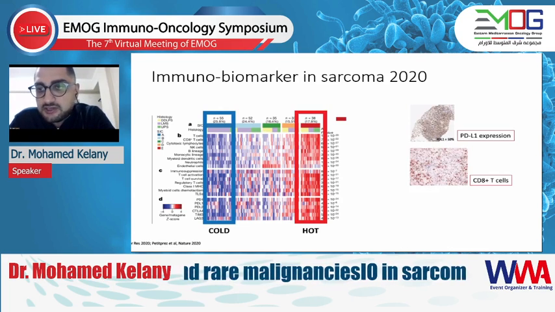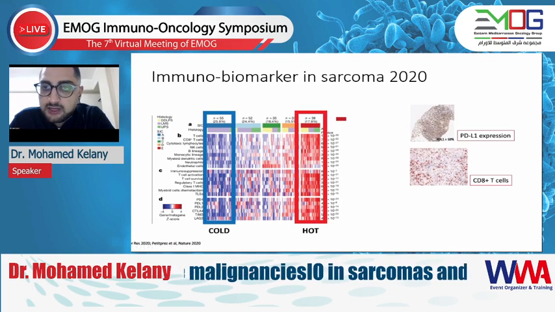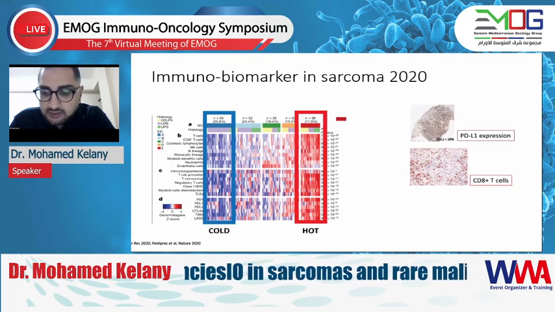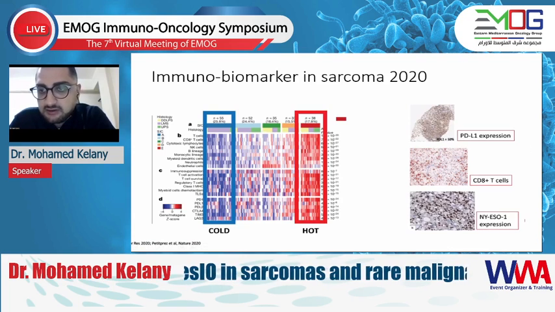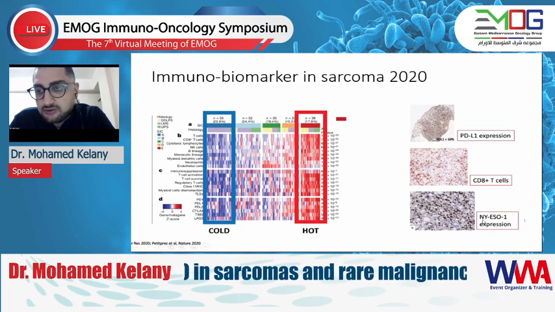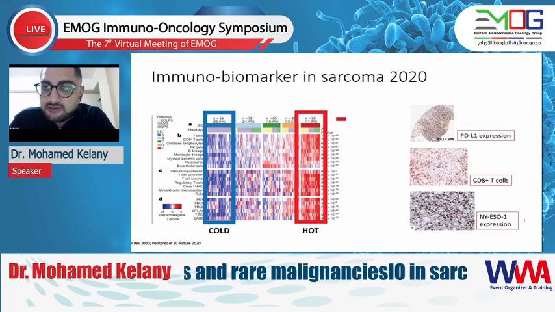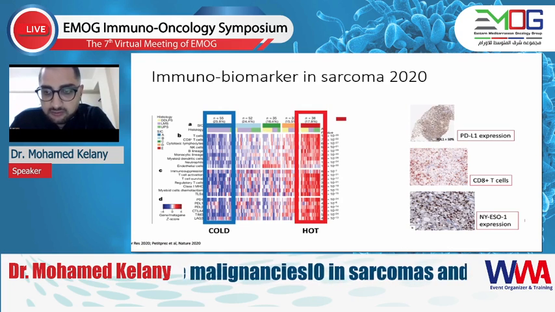Also, CD8-positive tumor infiltrating lymphocytes can be used as a prognostic biomarker for better survival. And lastly, the cancer testis antigen, or so-called NY-ESO-1 antigen, is found to be highly expressed in synovial sarcoma and in myxoid liposarcoma or myxoid round cell sarcoma.